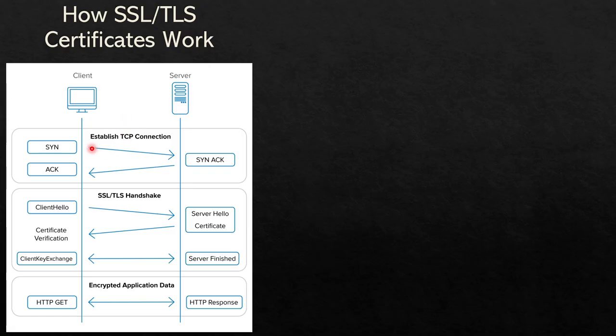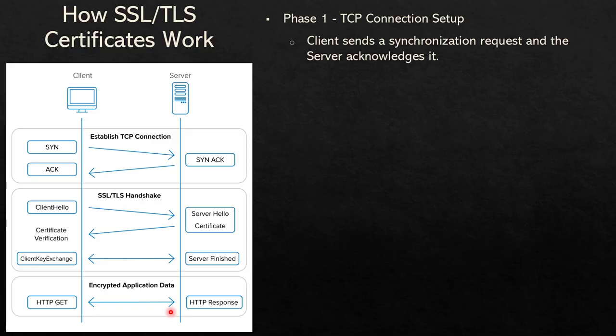First, they set up the TCP connection, where they send the synchronization request and it is acknowledged. The next is the TLS or SSL handshake. In this phase, the certificates are exchanged, and once the certificates are validated, a secured connection is available for any further data communication, which I have explained here.